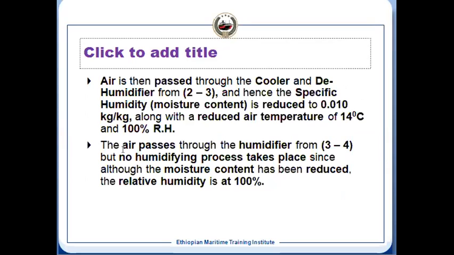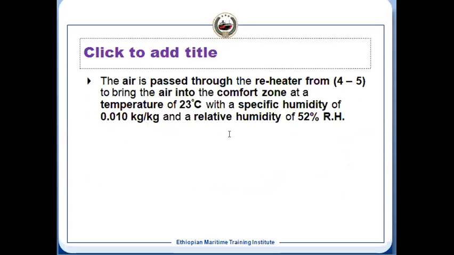Now, what has happened? Air is passing through the humidifier. Once it is passing through the humidifier, no humidity is being added because it is at 100% humidity level. After that, in the 4 and 5 process, the temperature will increase to the comfort level, that is 23 degrees within that range.